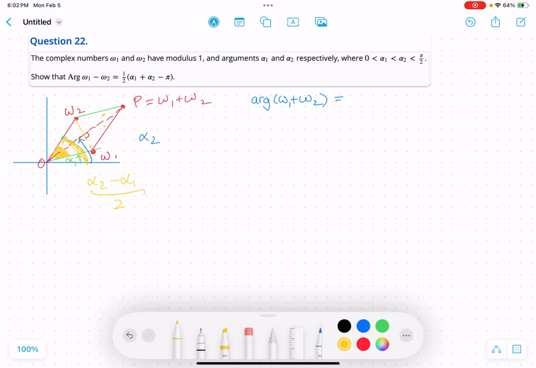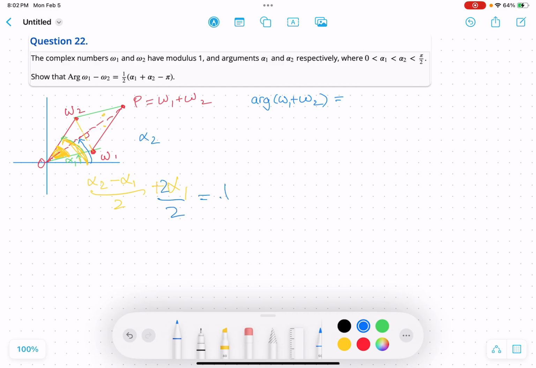So if I take just one of those parts and add it to alpha 1, I've now got the argument of OP. I've just taken it in little segments.